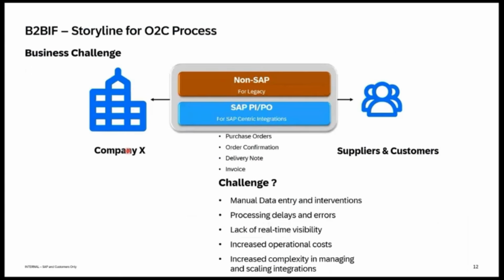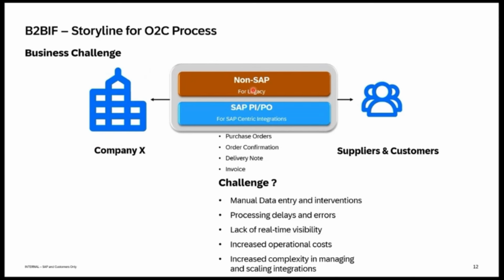Now, before getting into the payload driven migration approach, we will first try to understand the storyline for this order to cash process. So let's say there is this company X, and this company X has two middlewares in their landscape.